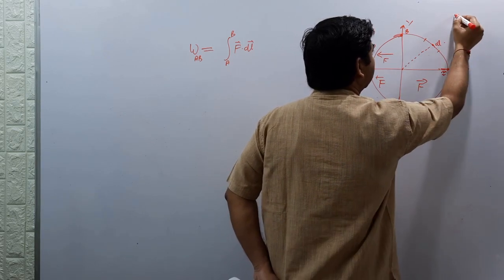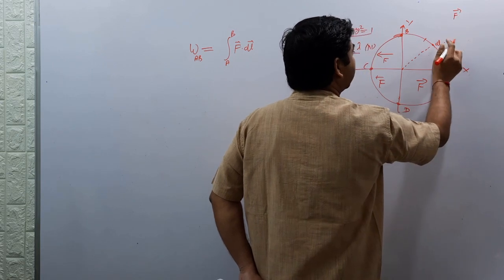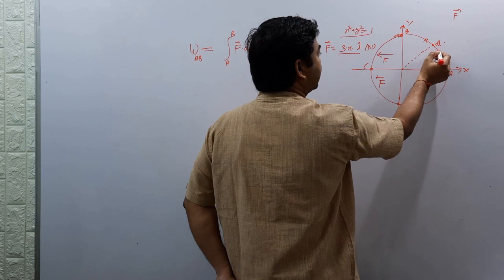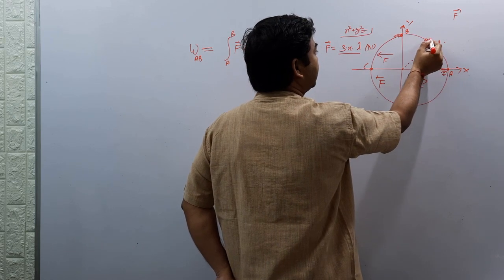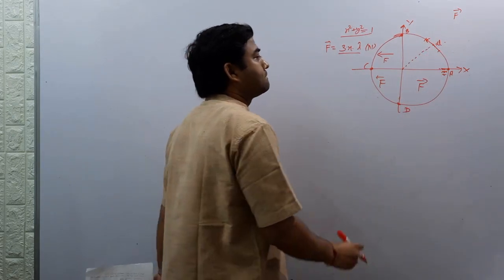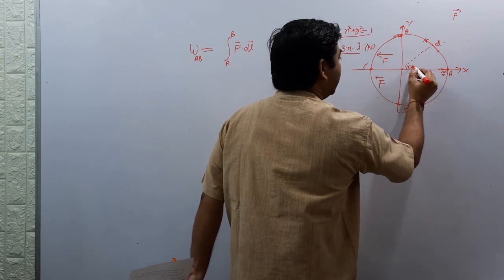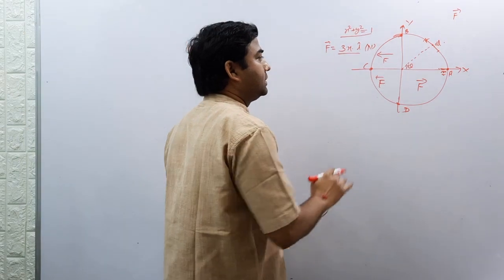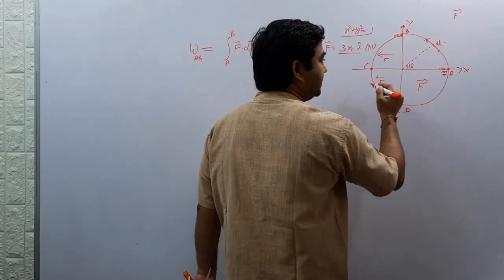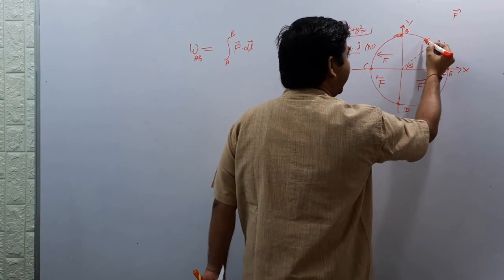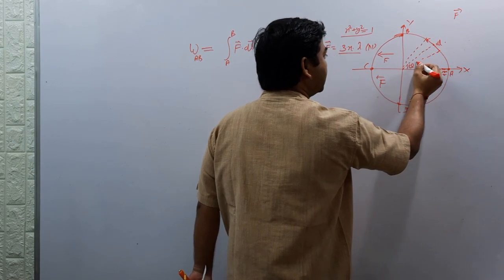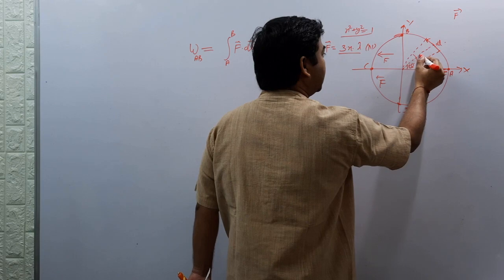So this vector is vector dl. This is angle theta. This is a general point on this curve. This angle is theta. And the angle subtended by this dl at the center is d theta.